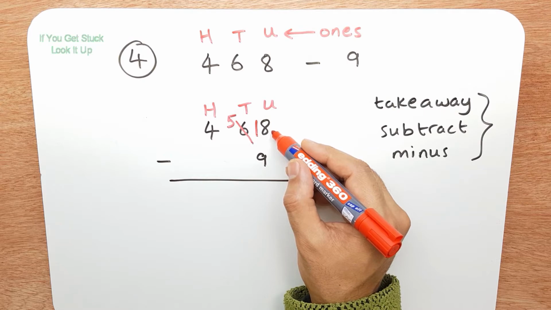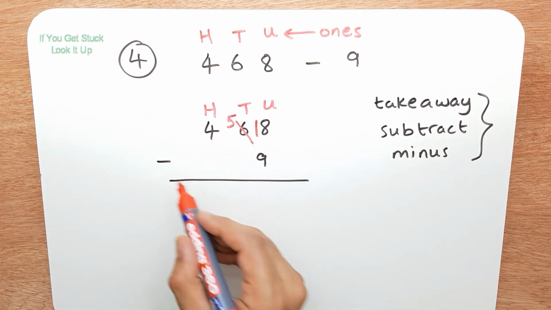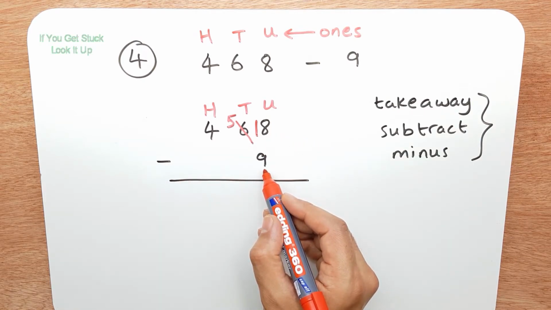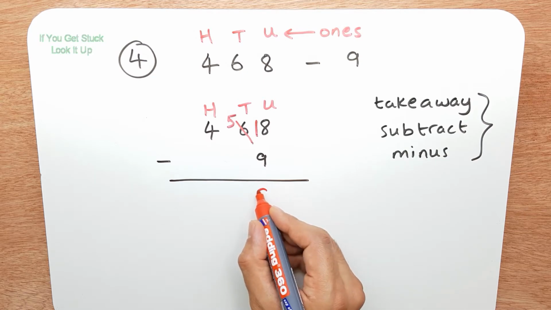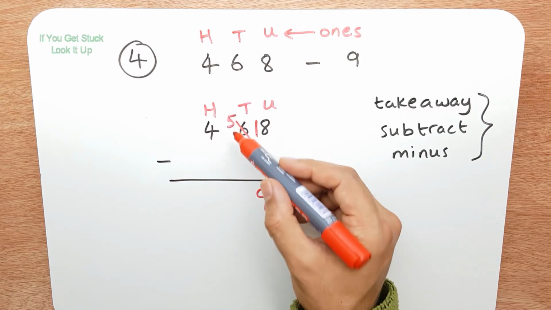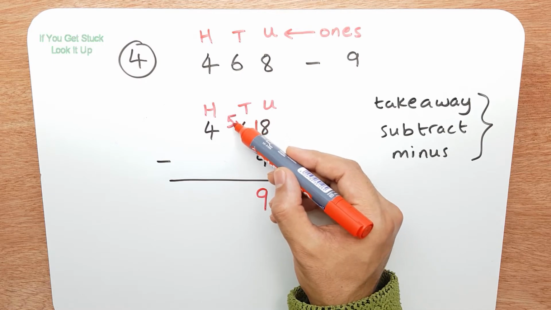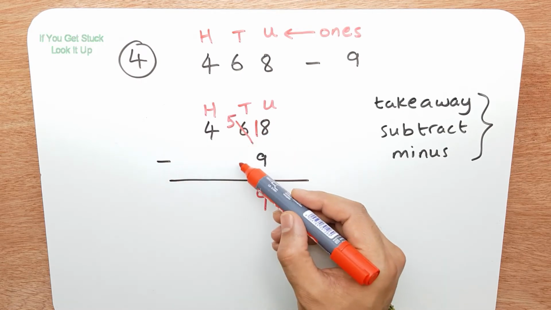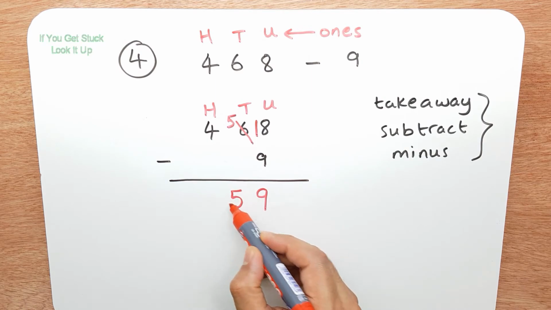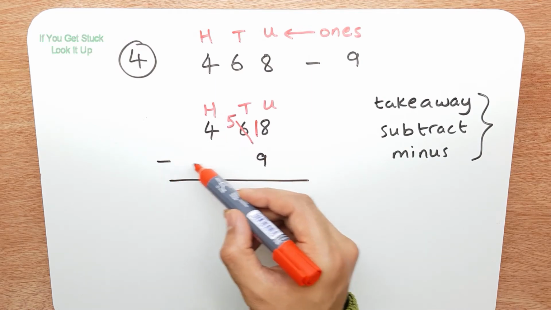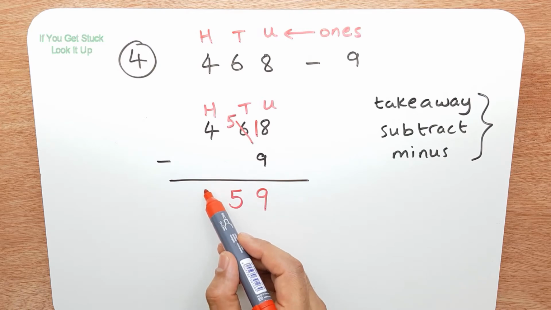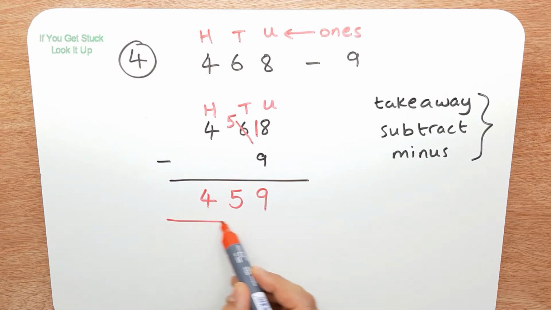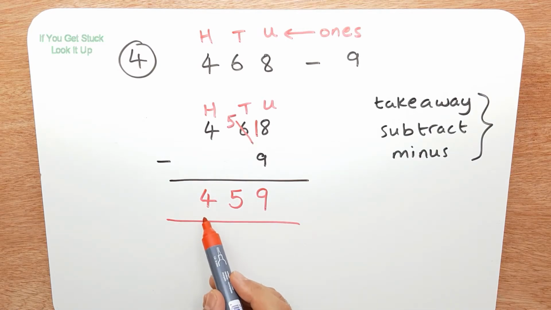Now what we've got is 18, take away 9 is 9. Moving on to the tens column, 5, take away nothing here. So 5, take away nothing is 5. 4, take away nothing is 4. So our answer is 459.